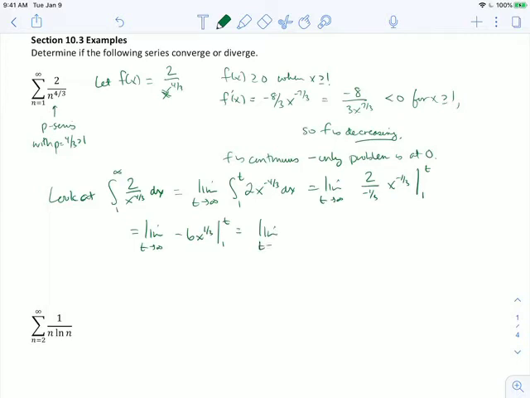So I evaluate. And I get plus 6 when I plug in 1 there. And I've left off the negative 1/3 there. So maybe I should rewrite it this way.